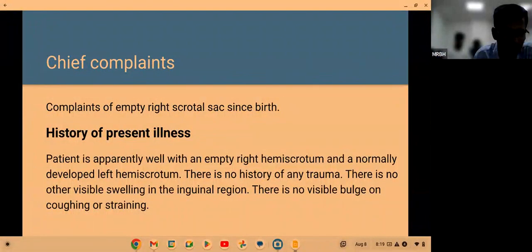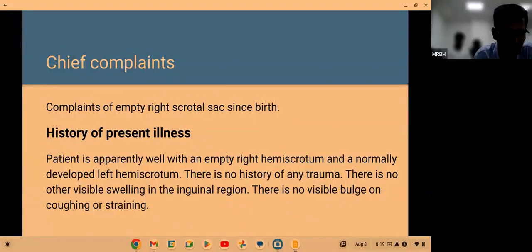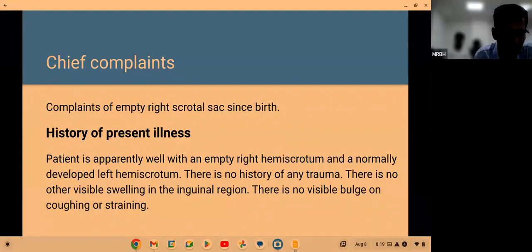These are all common anomalies. Whether he has got any respiratory distress, and cardiac anomalies. Apart from the presenting complaint, you should ask some questions to find out whether he has got any other congenital anomalies, which are very common with these sorts of genital anomalies.